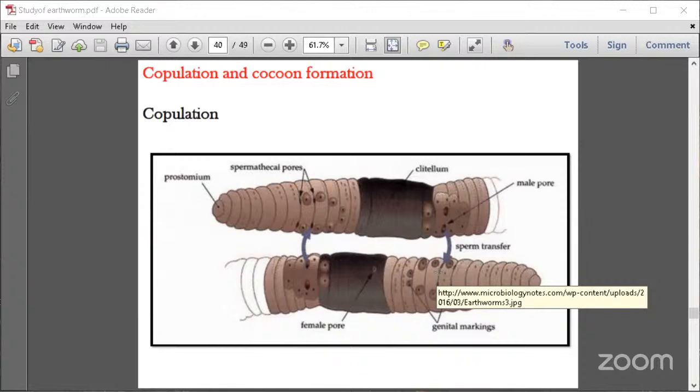During copulation, two worms come closer and are ventrally attached in opposite directions. You can see all this in this picture.